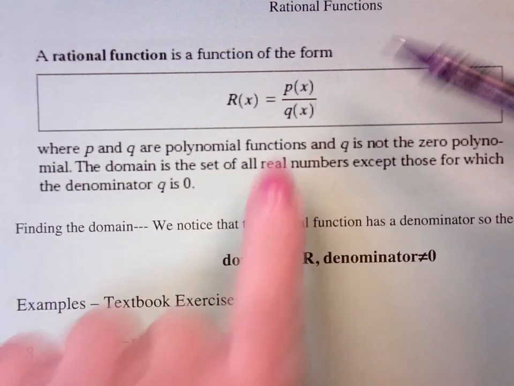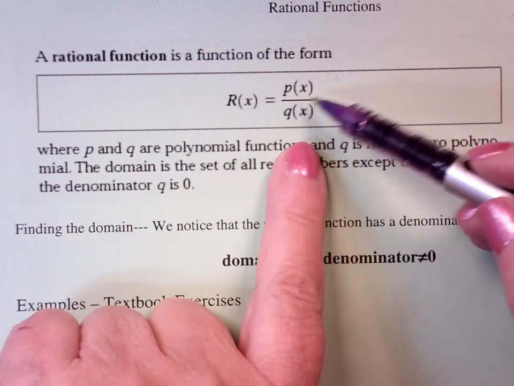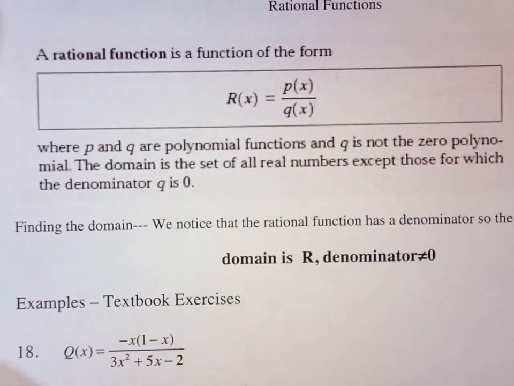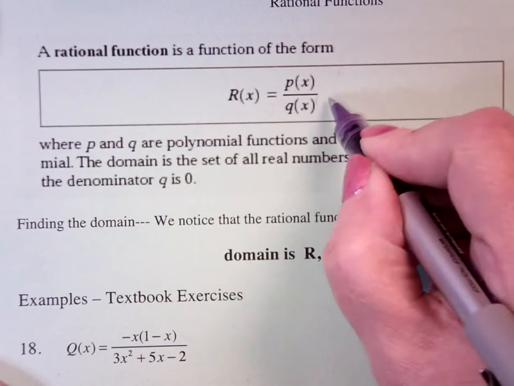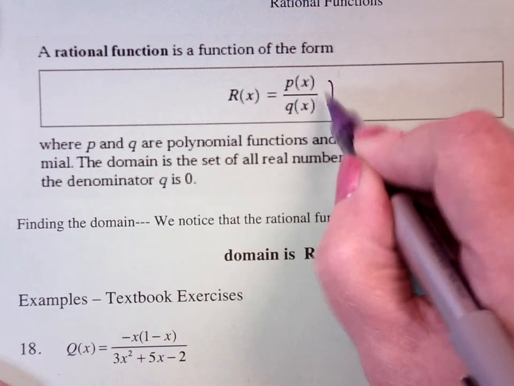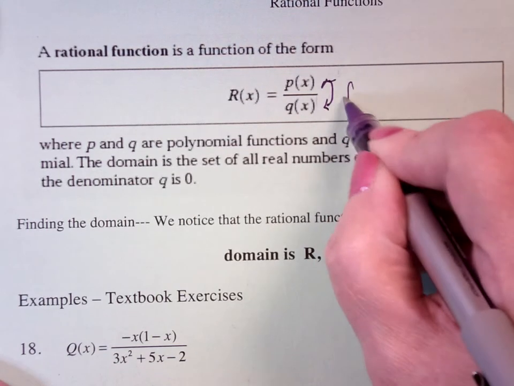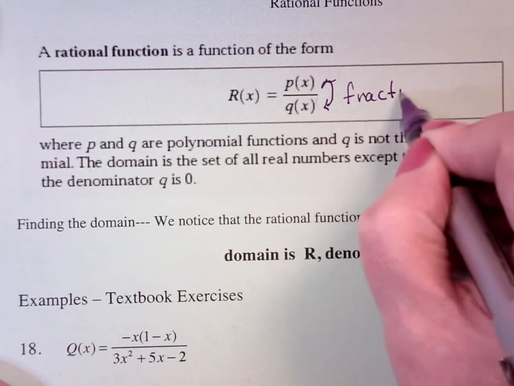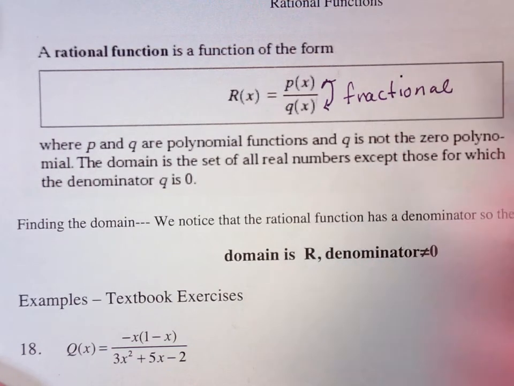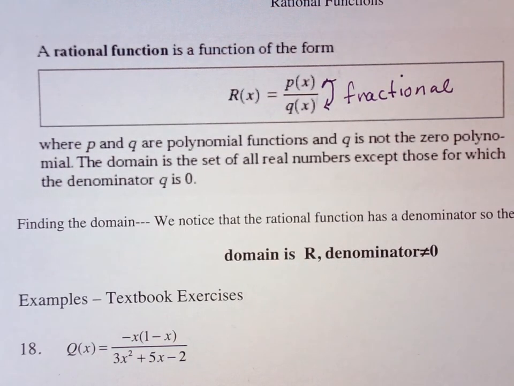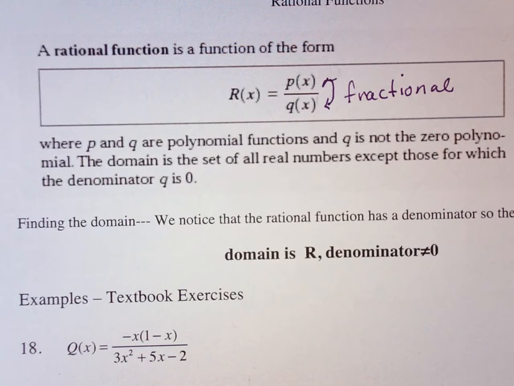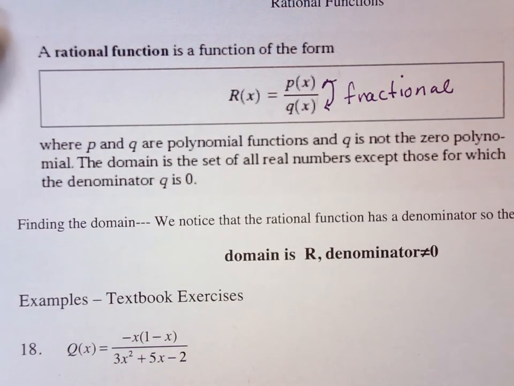And a rational function really is a polynomial divided by a polynomial. Essentially, rational always means fractional. So for us in this class right now, our rational functions will be polynomials over polynomials. You can have any function in the numerator, any function in the denominator, and it still would be a rational function.